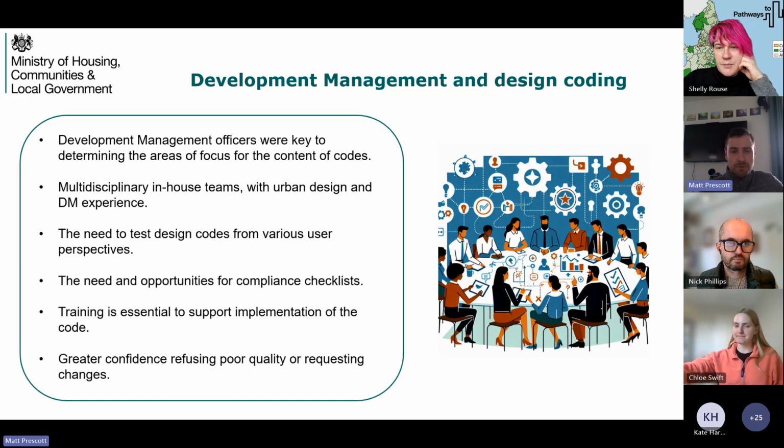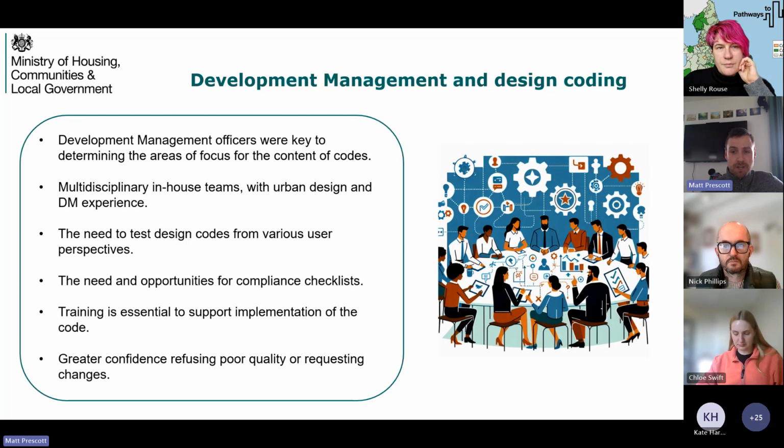In terms of development management, I just thought I'd pick out some of the key findings in relation to DM and design coding. So some of the lessons include that DM officers were key to establishing the focus and content of codes, identifying the appropriate scope, and zeroing in on common application problems experienced by DM teams. DM officers were also valuable when onboarding consultants, supporting a clear brief and helping to target the right expertise.